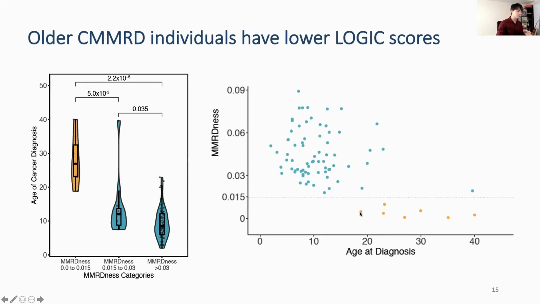So potentially what we can do instead with this MMRDness tool is, by taking blood tests, determine that a young patient with a score lower than this, let's say they're 10 years old, may not have to be put on surveillance immediately, but instead undergo routine blood tests to see if their risk of cancer increases over time. And that could potentially curb the patient burden for monitoring and surveillance.